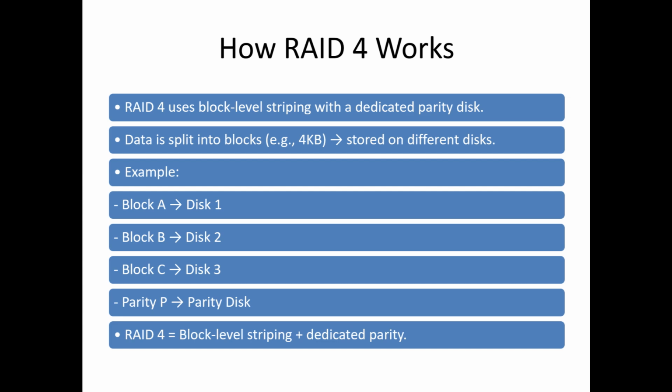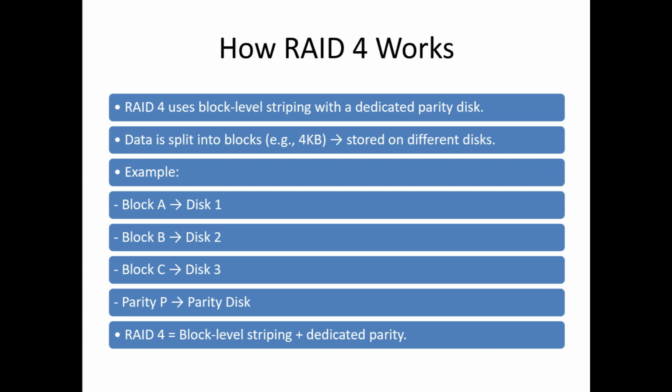Imagine we have three data disks, disk 1, disk 2, disk 3, and one parity disk. Unlike RAID 3, which broke data into bytes, RAID 4 breaks data into blocks, and each block is written to a single disk. For example, disk 1 will have block A, disk 2 will have block B, disk 3 will have block C. Then, when block D comes, it will go to disk 1 again.